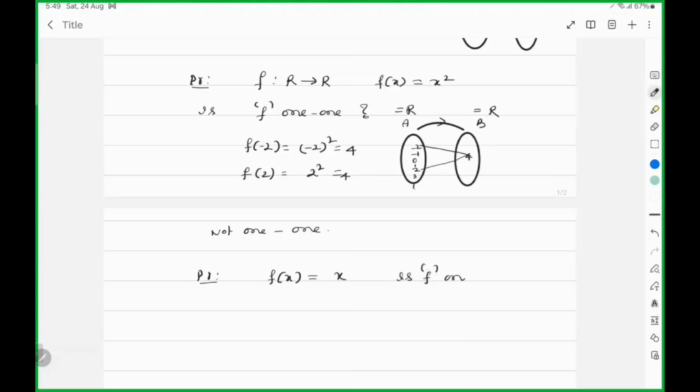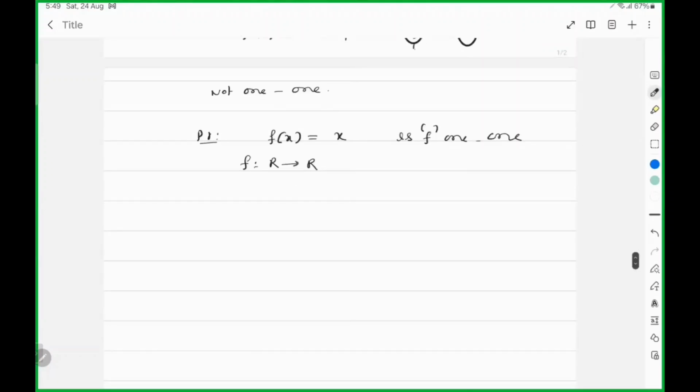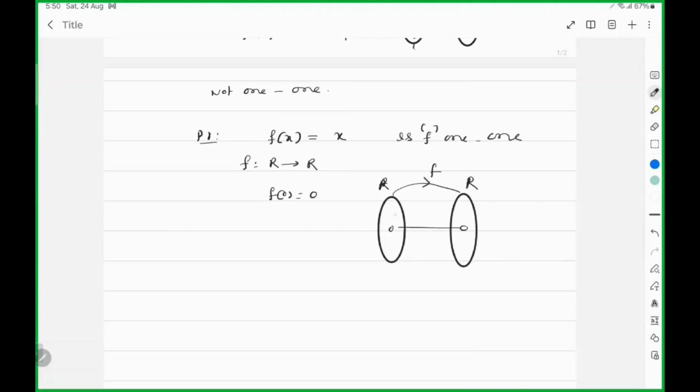Is f one-one? The question must mention the domain, range, and codomain. If we consider this function whose domain and codomain are real numbers, f of 0 is 0, so 0 has image 0.